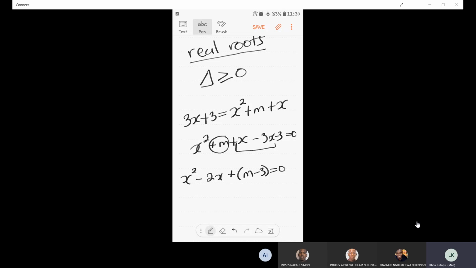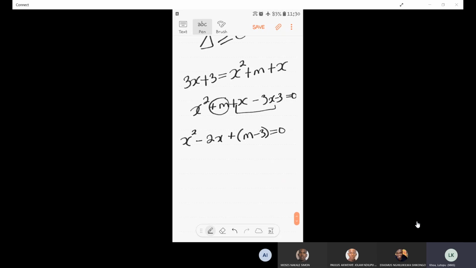Okay, I think now it's fine. So here you then again identify your A. A is the coefficient of x squared, which is 1. B is negative 2. And C is everything else that doesn't have an x. So it's not m alone, it's not negative 3 alone, it is m minus 3.